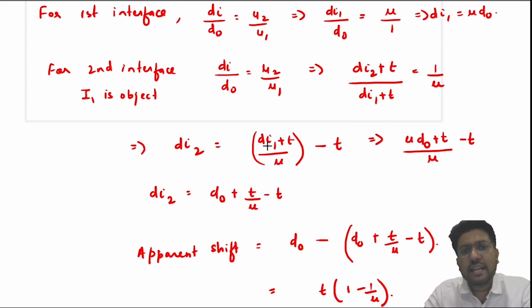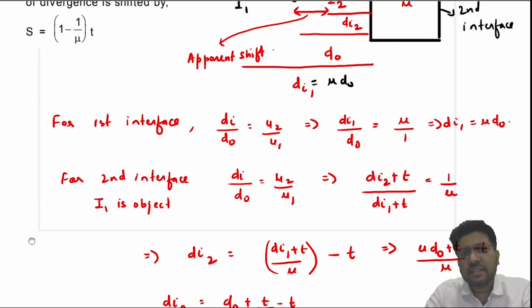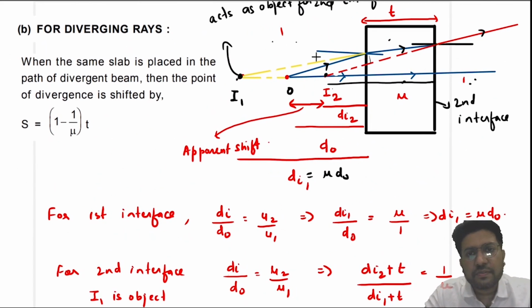From the first interface, di1 is equal to mu times do. So di2 is mu do plus t by mu minus t, that is equal to do, mu cancels, plus t by mu minus t. Now this distance between the object and the image is called the apparent shift, right?